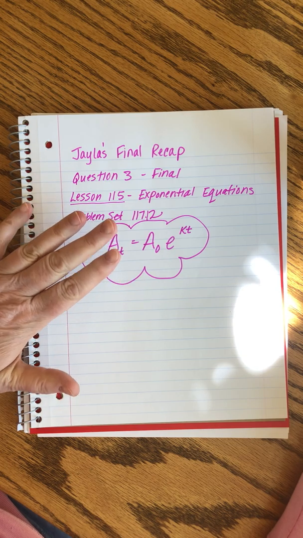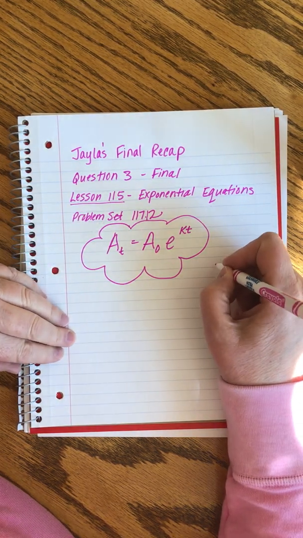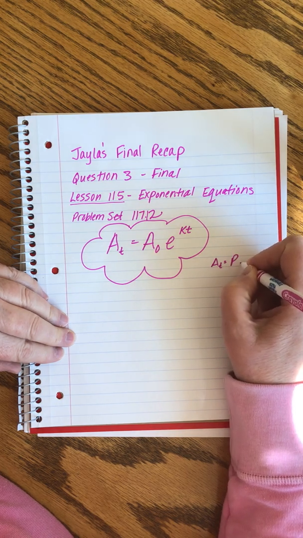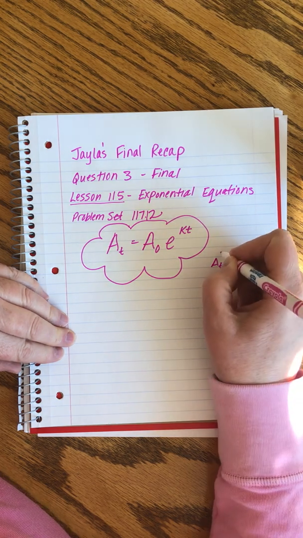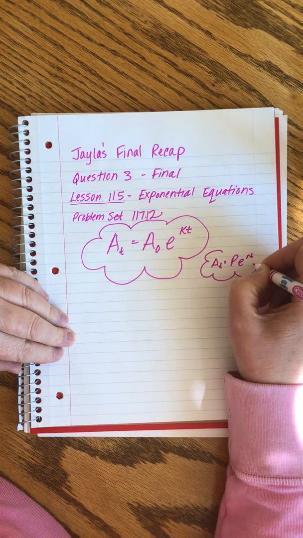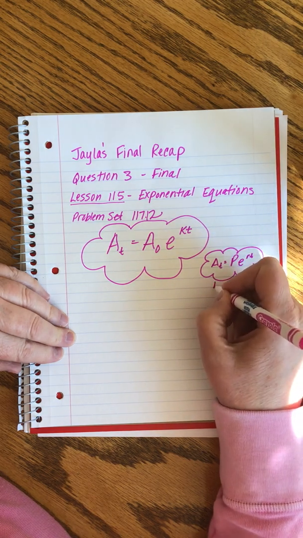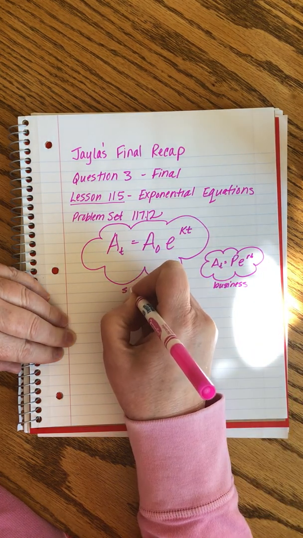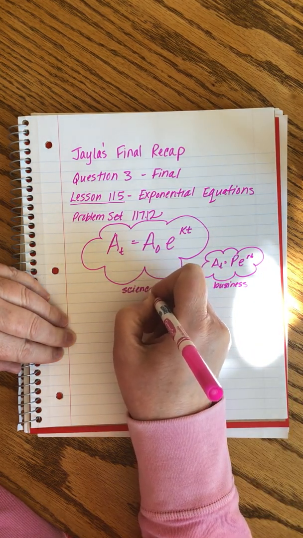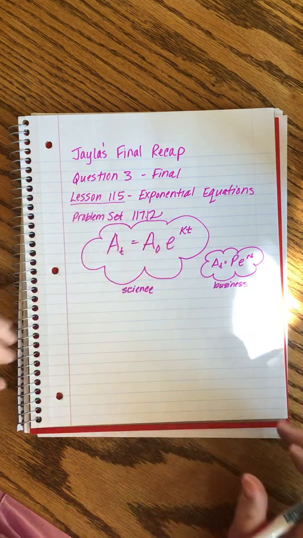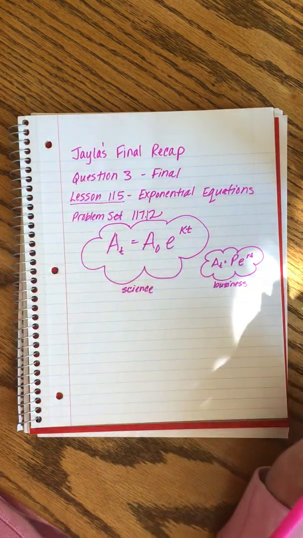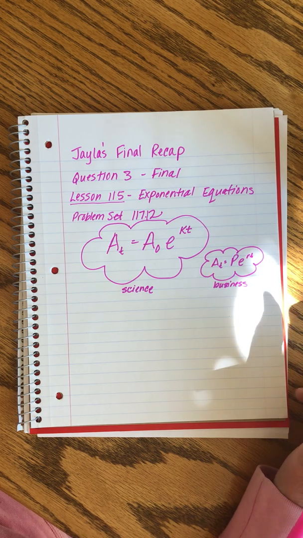You were confusing, I believe you had parts of this is the business version, and this is the science version. You were taking elements of both and confusing them, and that was part of the problem. This is the one that we want to use for our rabbits, okay?